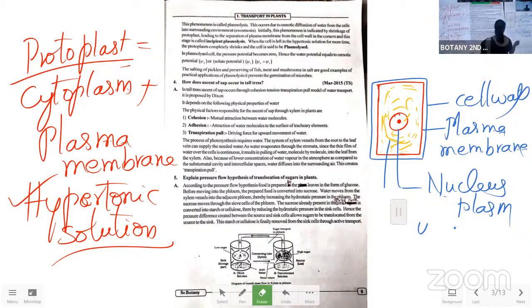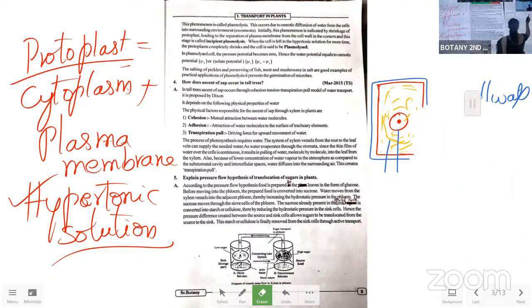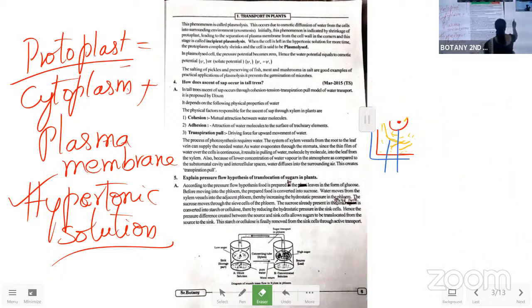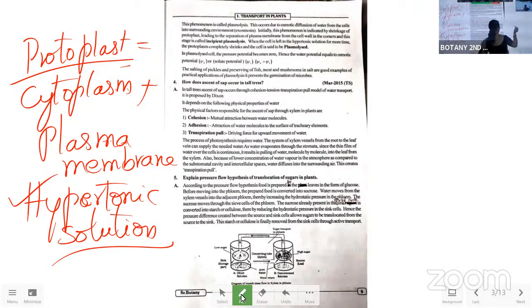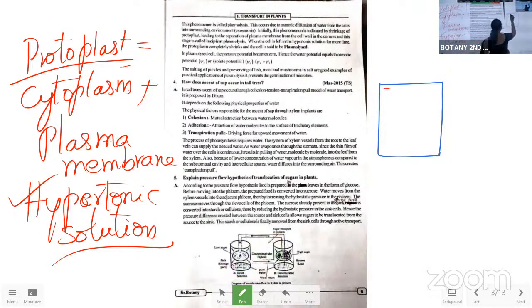If this is the cell, when this cell was placed in the hypertonic solution, that is a high concentrated sugar solution. Then what happens for this cell? This is the cell wall and the plasma membrane will present like this.